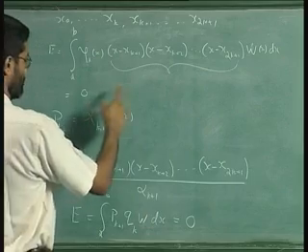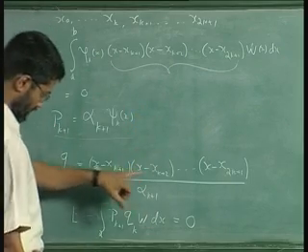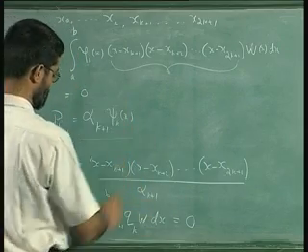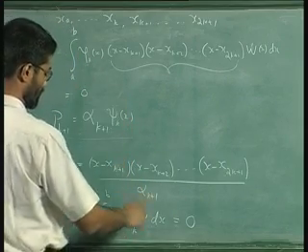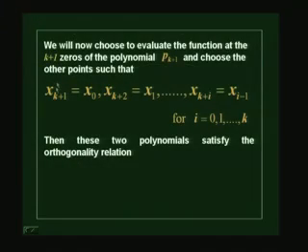So for that we will choose xk plus 1 to be x0, xk plus 2 to be x1 etc., so that this pk plus 1 qk can be written as a square. That is what we are going to do here.